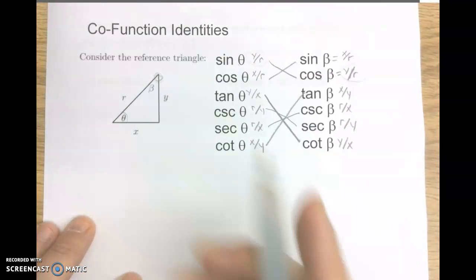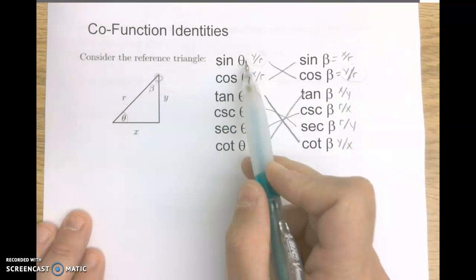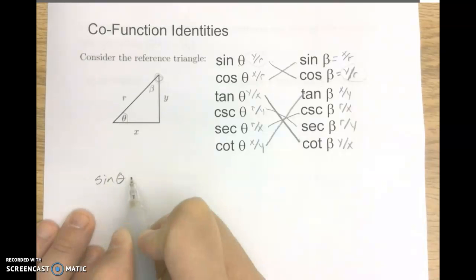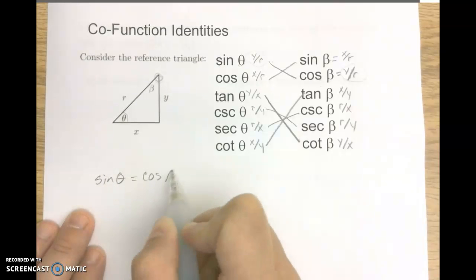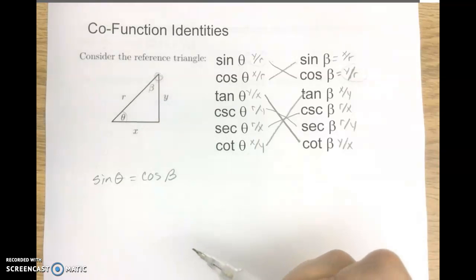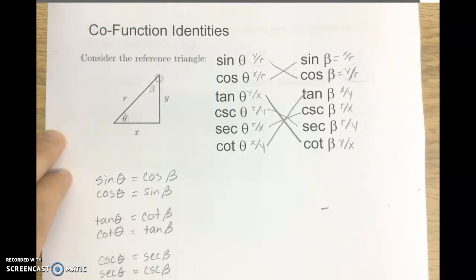Okay, so what I'm going to do right here is write this out, that the sine of theta is equal to the cosine of beta. And I'm going to write the rest of these down here. So you can pause it, fill them in, and then I'll pick up.